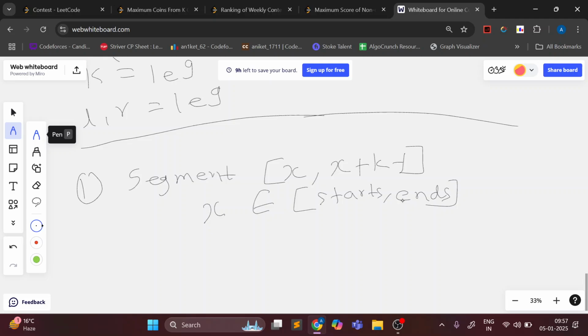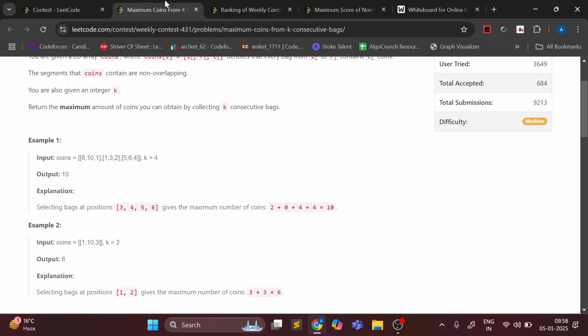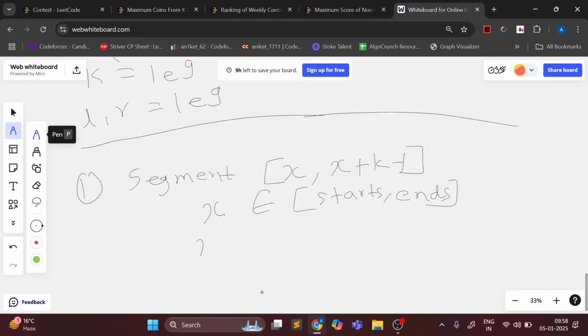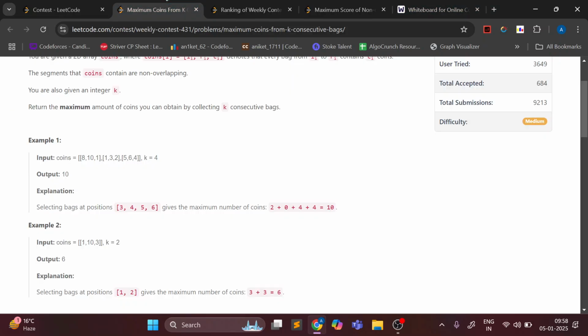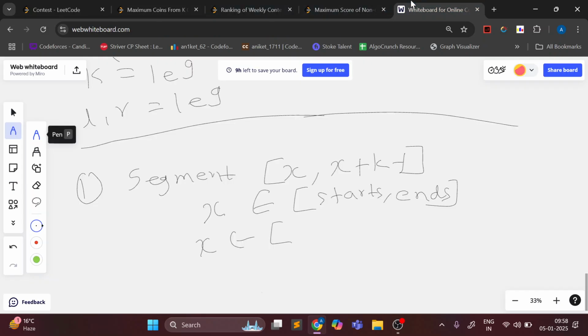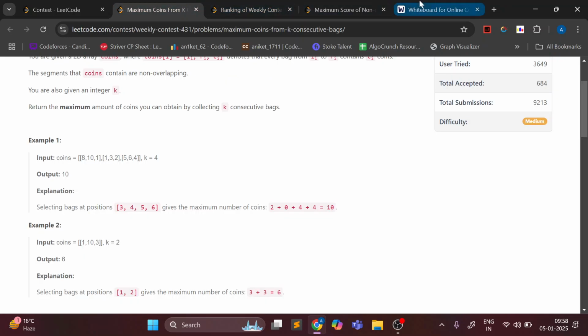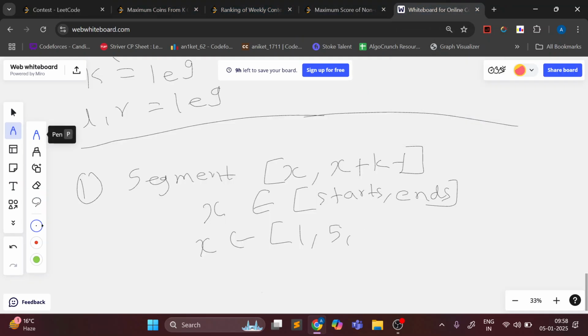So in our first sample case, x would belong to 1, 5, 8 or 3, 6, 10 only. So 1, 5, 8 are all the starts of all the intervals. 3, 6, 10 are all the ends of all the intervals.